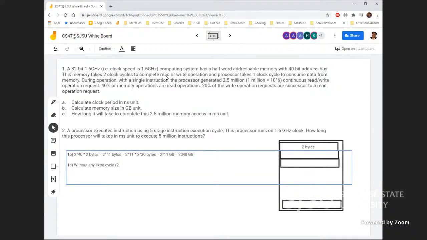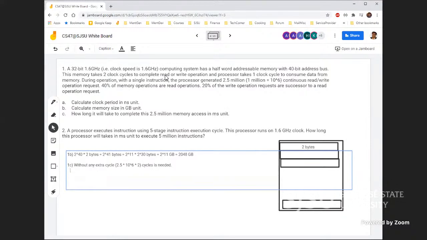There are 2.5 million memory operations, and each takes 2 clock cycles. So 2.5 times 10 to the power 6 multiplied by 2 clock cycles; this many cycles is needed.